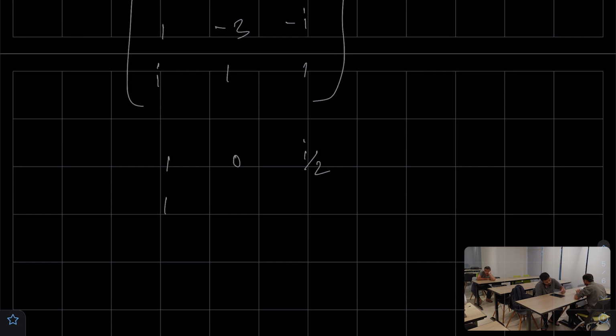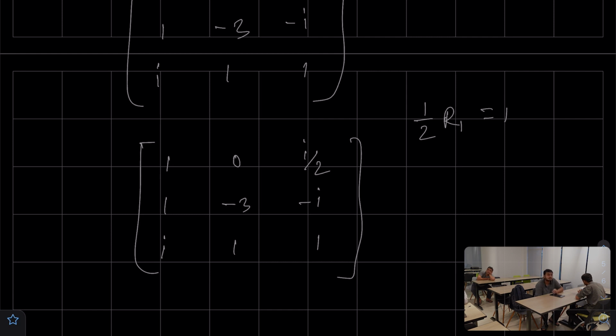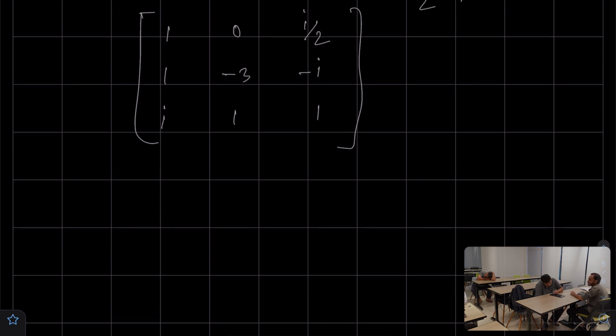Then 1, minus 3, minus i, 1, 1. So I use the operation half times R1 equals R1, right? Okay. Then what are you going to do next? What will be the operation? Actually, you are going to multiply row 1 by minus 1. Then you are going to add.